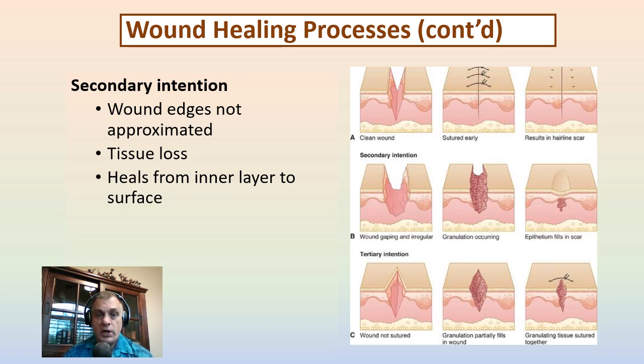Wound edges are not approximated in secondary intention. There's tissue loss and it heals from the inner layer to the surface, like we talked about. And those can leave really large scars. I should have put that on there. The large scars can be left because of those types of wounds. Okay.